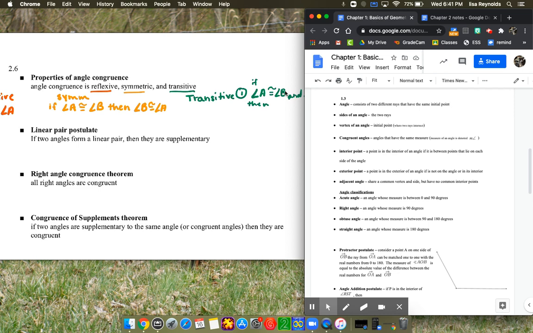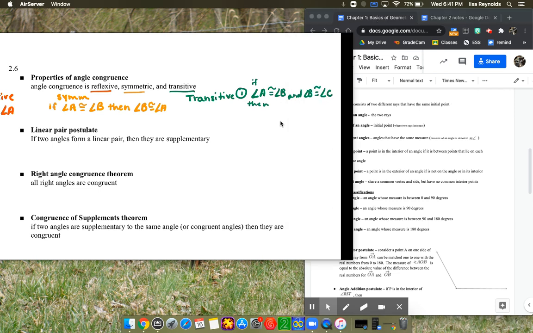Get that to where you can see it. And then we can create a whole new congruent statement where our first angle is congruent to our third angle. So pay attention to our information. So in the reflexive property, it's just an angle congruent to itself.